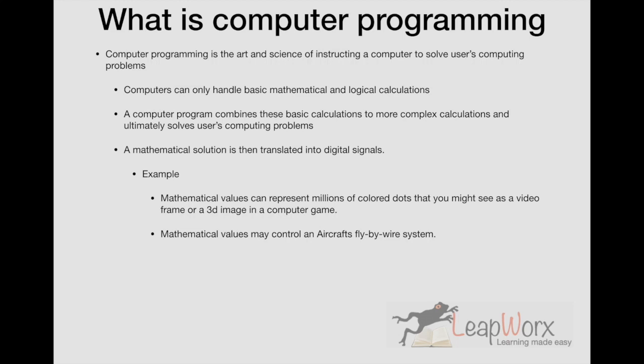So they put a thing called a fly-by-wire system in the aircraft. And this fly-by-wire system is a thing where even if the aircraft is unstable, this software program will keep it in a stable position, right? And there again, you see that it's all mathematical formulas and calculations that happen inside the computer, which just get translated into controlling an aircraft. Okay.